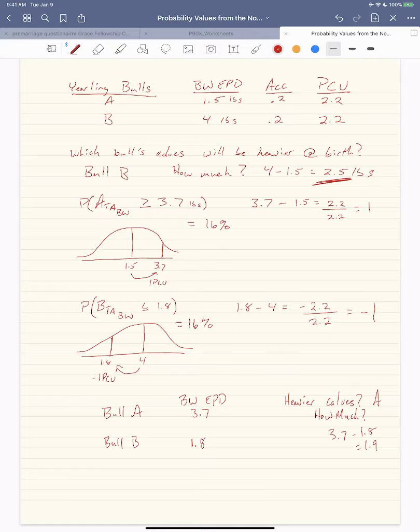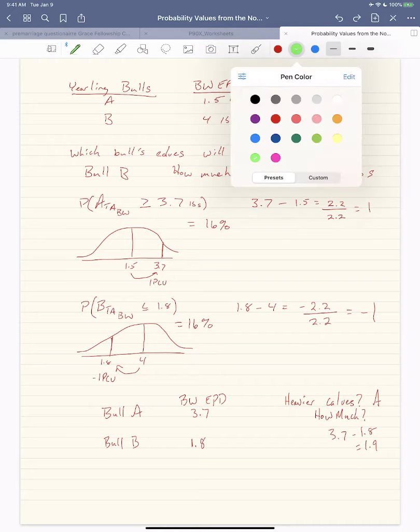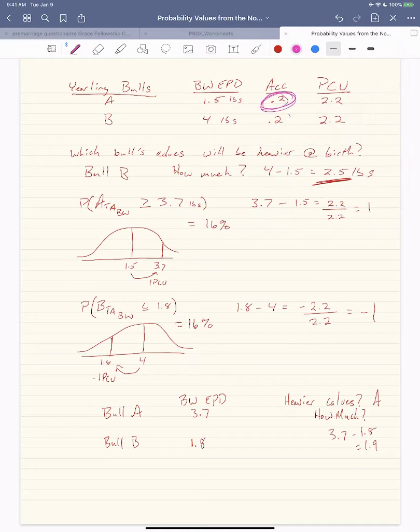So why are we not surprised if this were to occur? There's a couple reasons. The main reason is because of this low accuracy. Each bull has this extremely low accuracy at 0.2, leaving it with a really large possible change value, which allows bull A's calves to actually be heavier at birth and bull B's calves actually to be lighter. And so this low accuracy increases the possible change value.